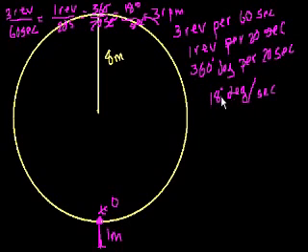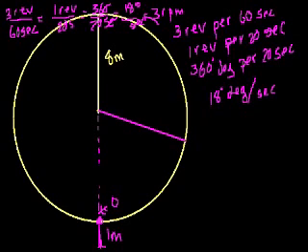So the total number of degrees we've traveled in t seconds is going to be, if we say the angle, that's the angle from our starting point. So let's say we've traveled t seconds and we're right there. Let's drop a little altitude right here.